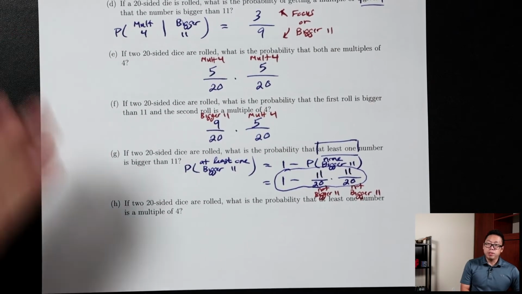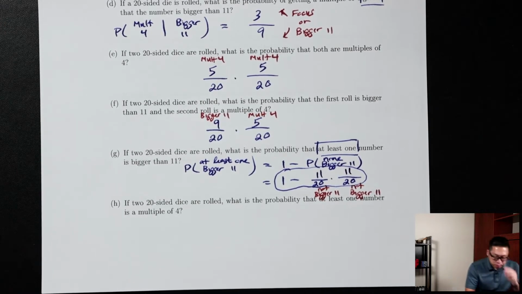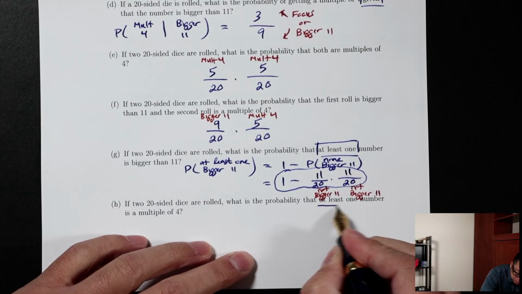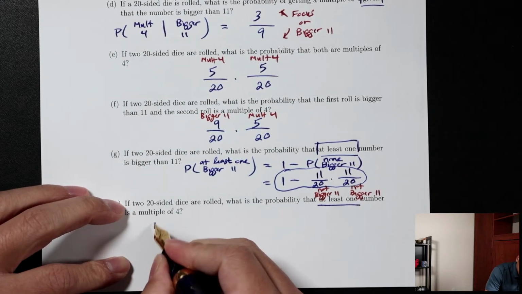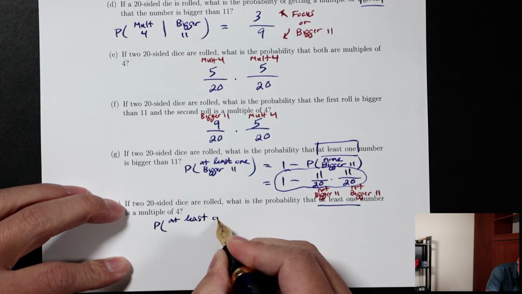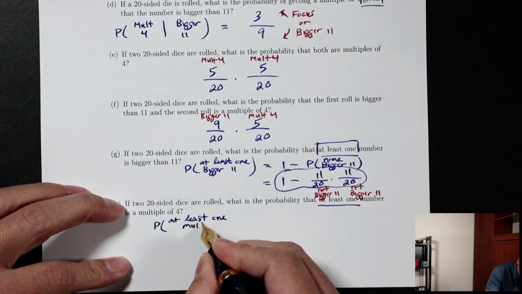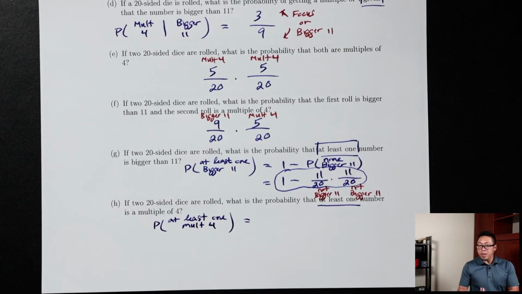Part H, if two 20-sided dice are rolled, what's the probability that at least one number is a multiple of 4? So keyword, at least one. I know my answer will be 1 minus some fractions. So we're looking for at least one multiple of 4. The way we find at least one is 1 minus none.